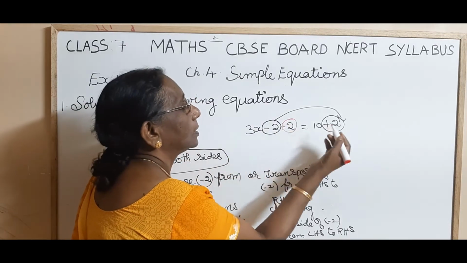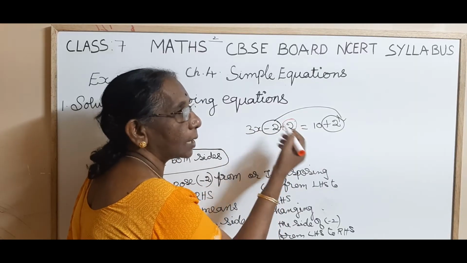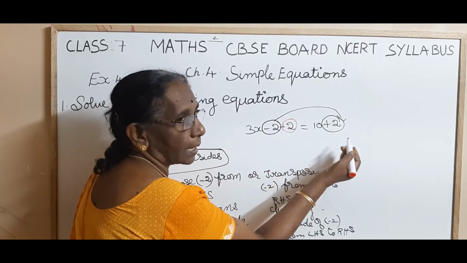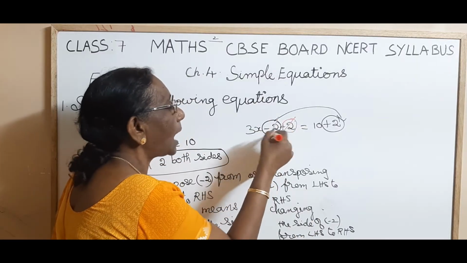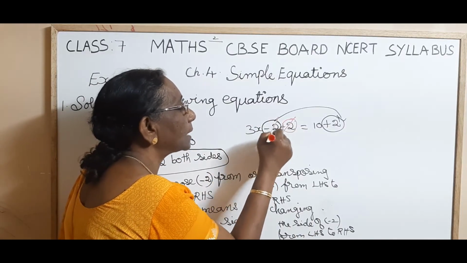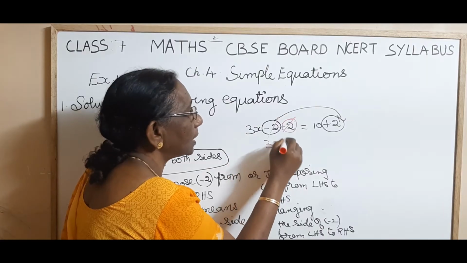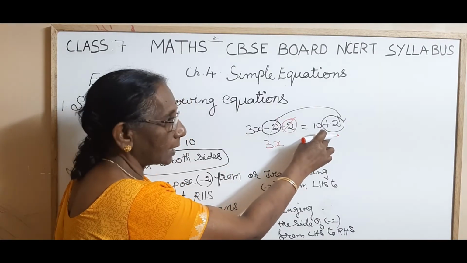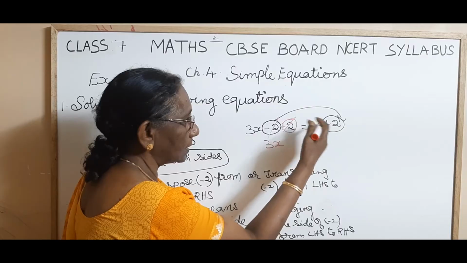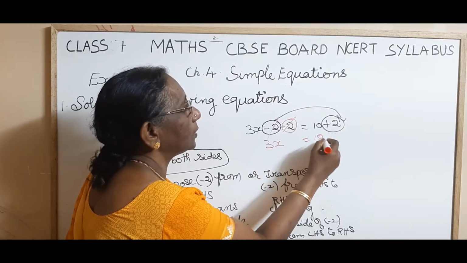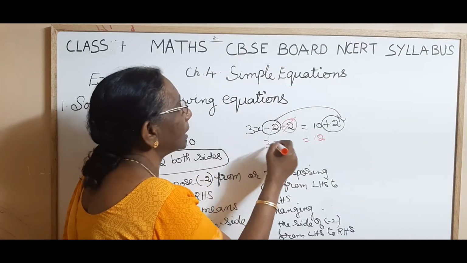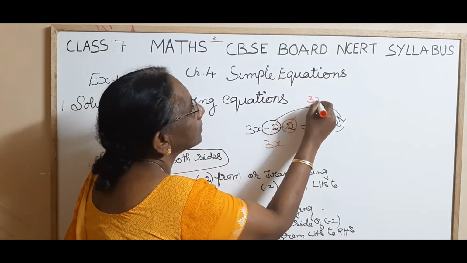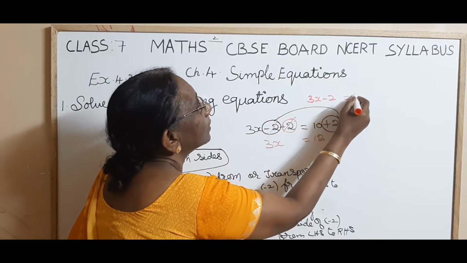And the same operation we are applying on the right hand side also. So when you add plus 2 this side, both will get cancelled. You will have only 3x. And this side becomes 12. When you add, how? 10 plus 2. First it was 3x minus 2 is equal to 10.